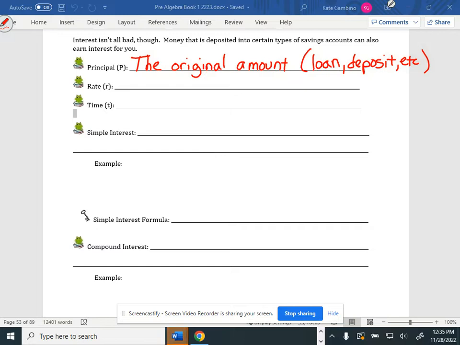The rate is R. The rate is the interest rate. So P is the principal, R is the rate, and T is the time.